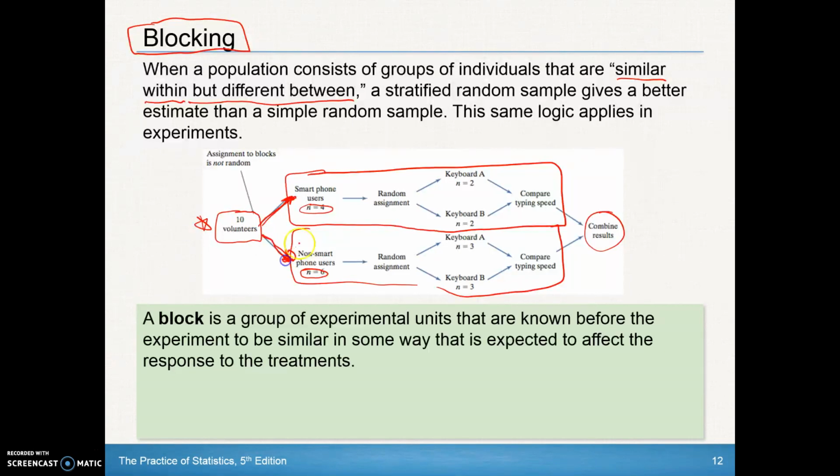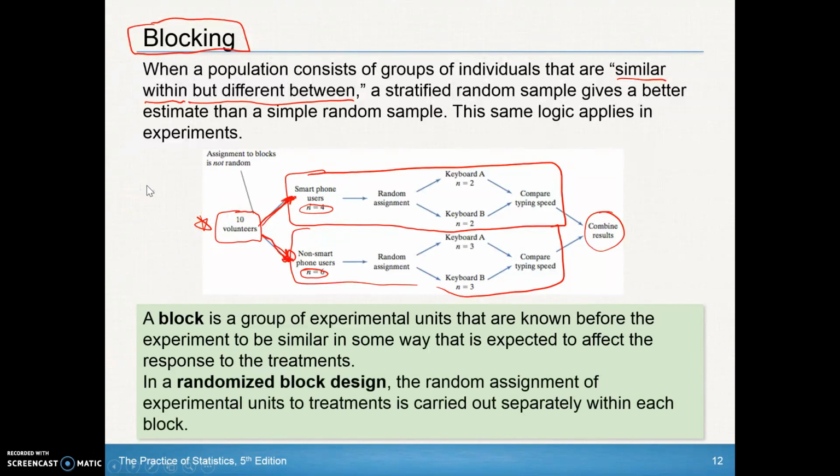Or for that matter, we're also just looking to see if there's a difference between those two types of groups. In a randomized block design, which is what we've got up above here, the random assignment of experimental units to treatments is carried out separately within each block. That's called a randomized block design.